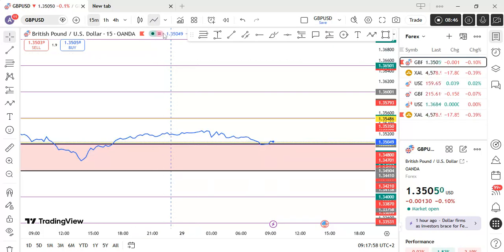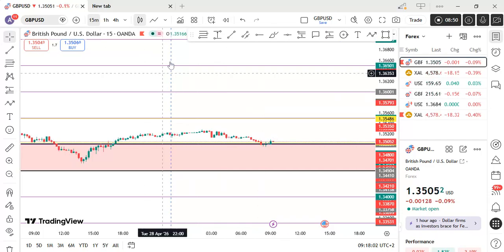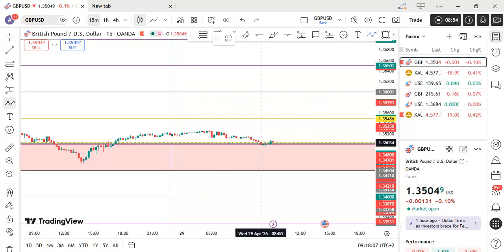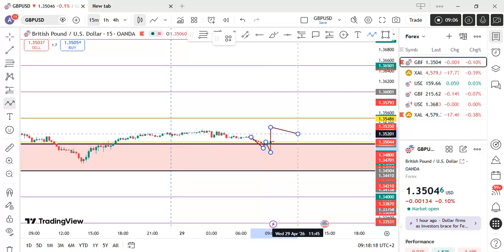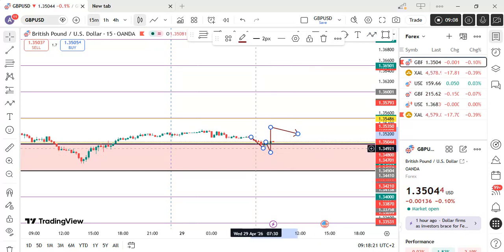From this level, all I have to see, like I said, is a double pattern being formed from the 15-minute time frame, whichever way a double pattern needs to be formed on this level.